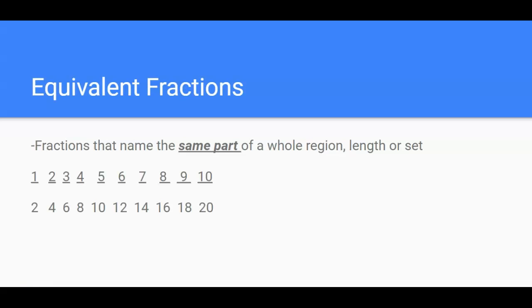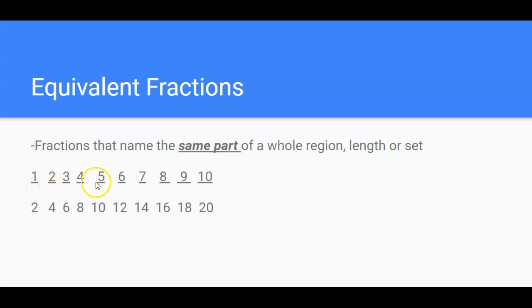Then we have equivalent fractions. Well, remember equi is a root word, which means equal. So equivalent fractions are equal fractions. They are fractions that name the same part of a whole, region, length, or set. All I did was use my knowledge of patterns to create them.